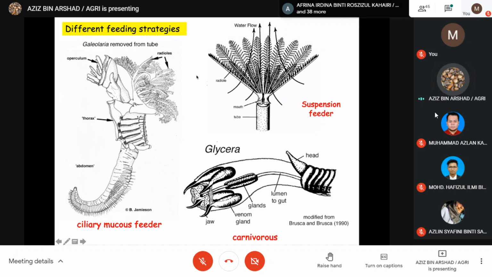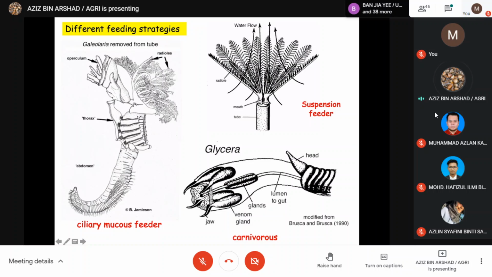Normally the different feeding types are linked with the modification of the head part. If they are carnivorous like this, they will have a jaw that can be everted out to catch the prey and bring it back inside, in this species of Glycera.